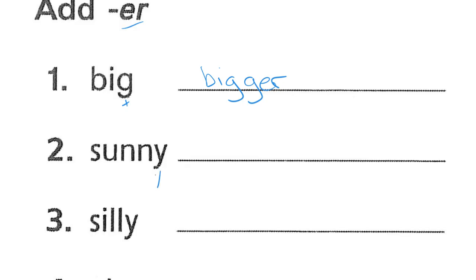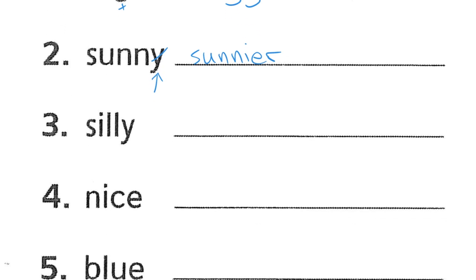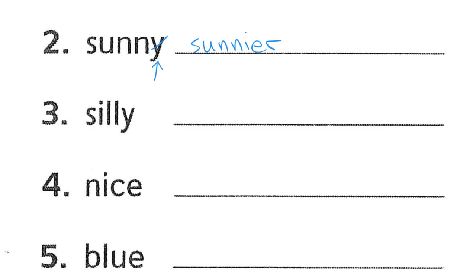Okay? This ends in a Y, sunny. So if I'm going to say sunnier, I'm going to change the Y to an I and then put my ER on the end. Silly also ends in a Y. So if I use the rule, I'm going to change the Y to an I and add ER.